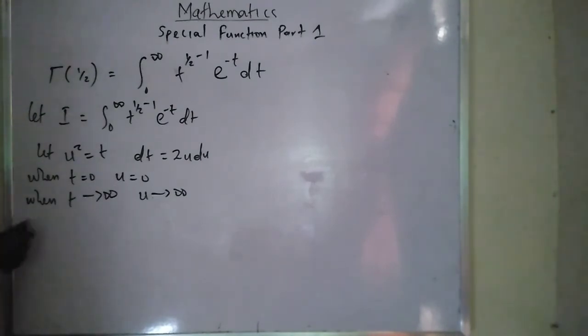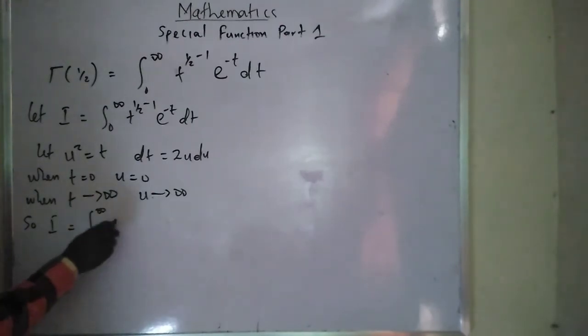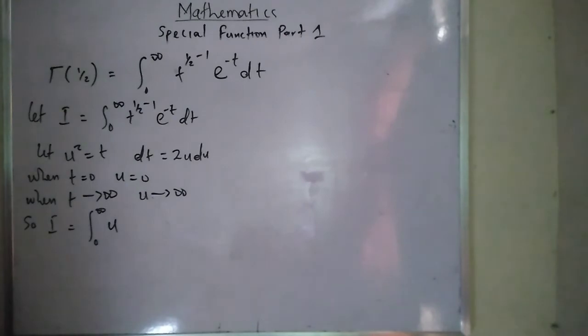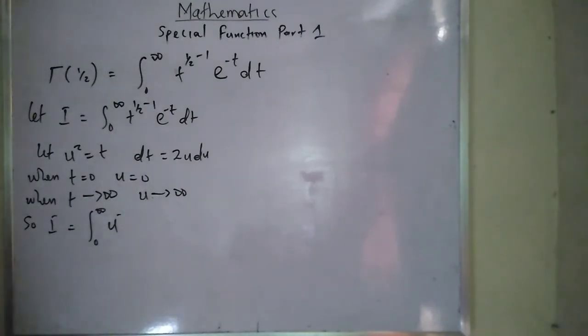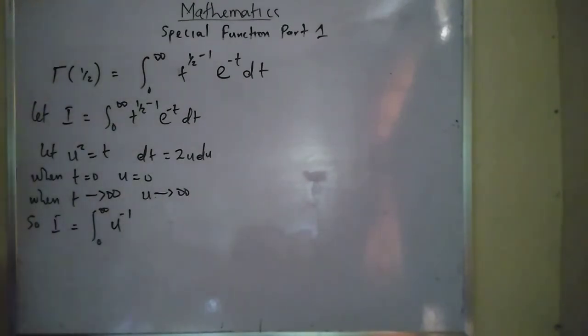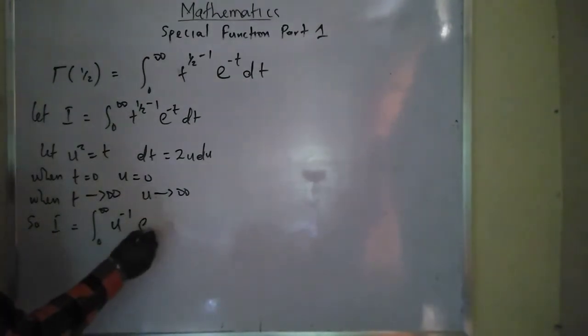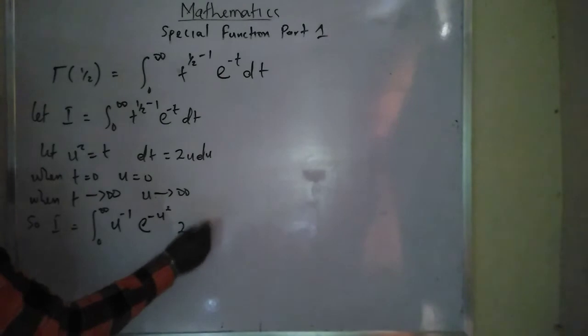Now, I will have I equal to the integral from 0 to infinity of u raised to the power 1 minus 1, and also e raised to the power minus u squared, times 2u du.